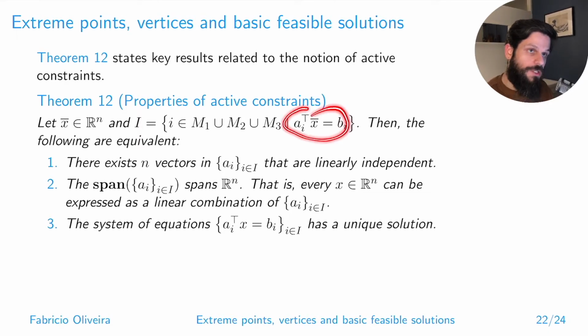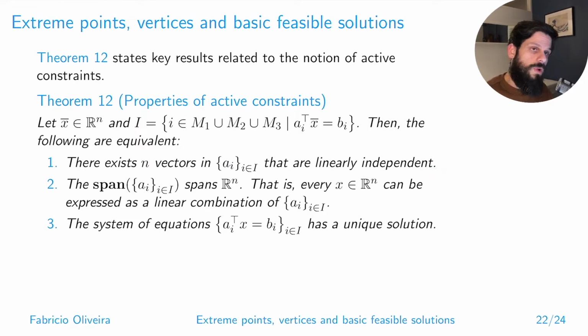Once you give me a collection of active constraints, here is a collection of properties that are equivalent, meaning that if one holds, then the other ones hold as well. So if you can show that one holds, then automatically the other one holds because they are equivalent. It's almost like they're saying the same thing. One of them is that there exist n vectors within AI that are linearly independent.